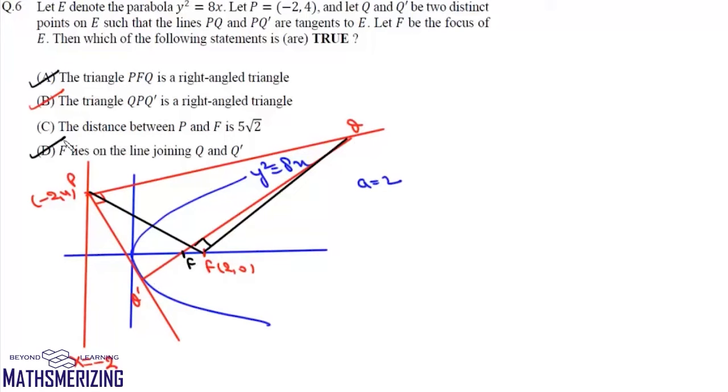So this option D is also correct, that F lies on the line joining Q and Q dash. Now P is (minus 2, 4) and F is (2, 0). So this PF will be the square root of 4 square plus 4 square, which is 32, which is simply 4 root 2. That means this option C is incorrect. So the correct options are A, B and D.